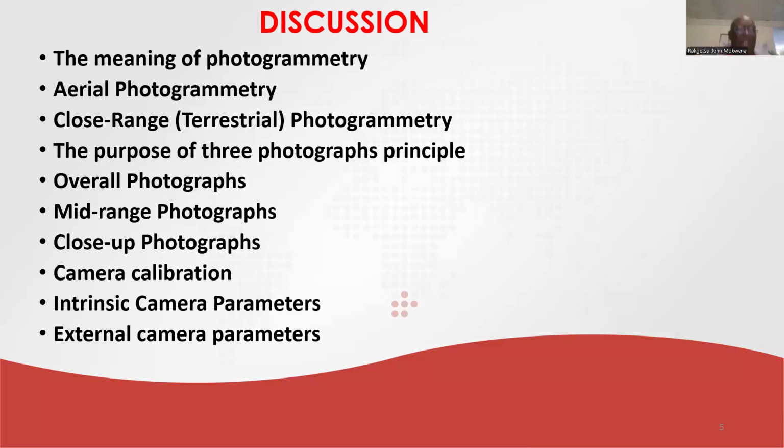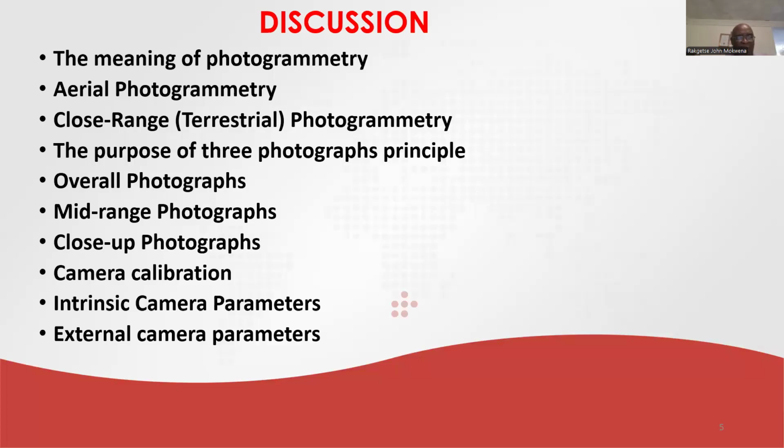Camera calibration. Photographers should understand camera calibration, so that they know it has an impact on documenting the crime scene measurements through photogrammetry. Intrinsic camera parameters are also discussed.